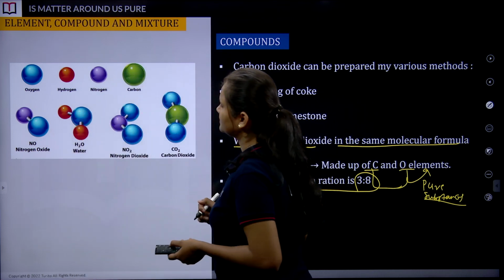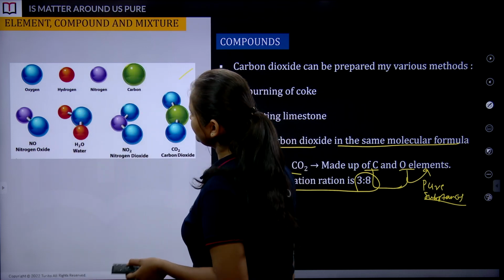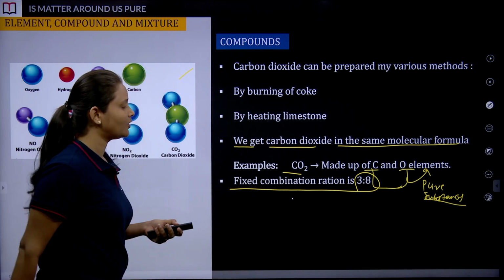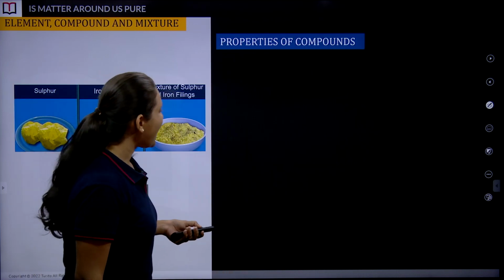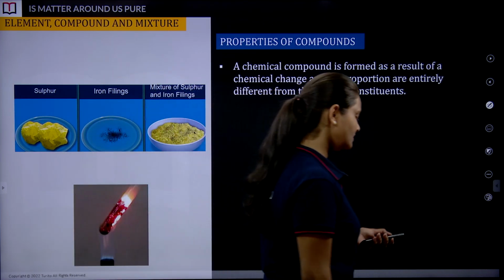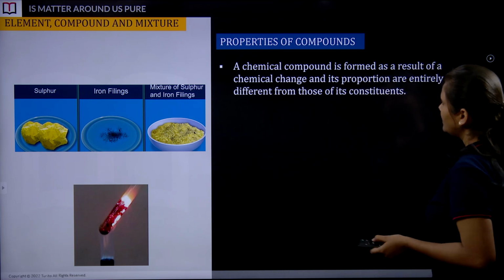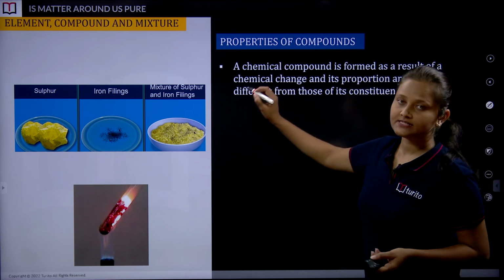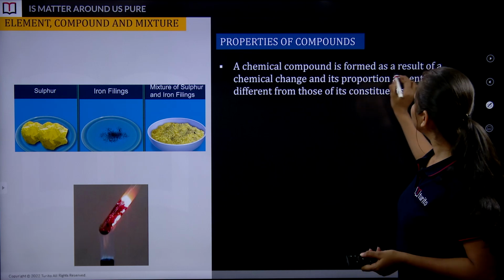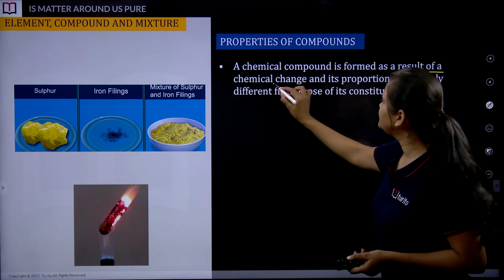So this is the same image which we have seen just now. Now try to understand some properties of compounds. See what it says. A chemical compound is formed as a result of a chemical change.